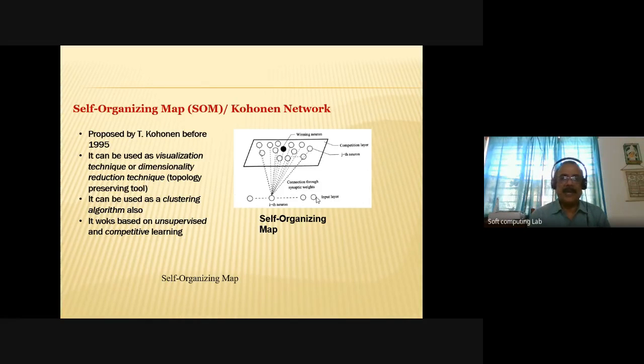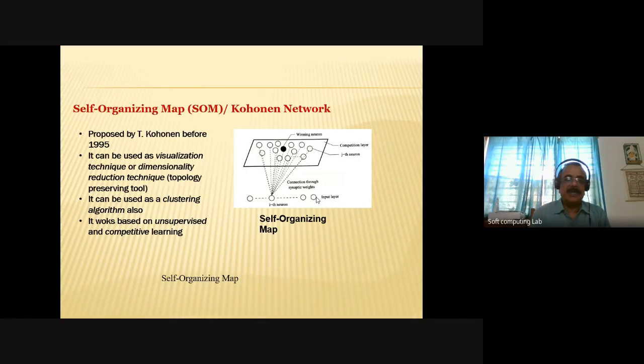My question is, how do you remember this topology? You can remember it because your brain has a network which is more towards the self-organizing map or the coherent network.